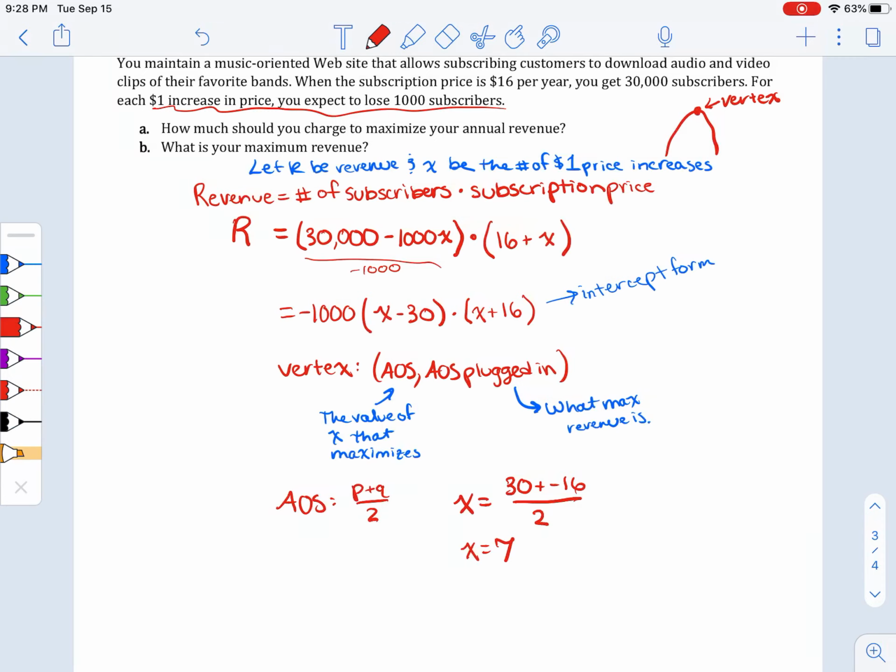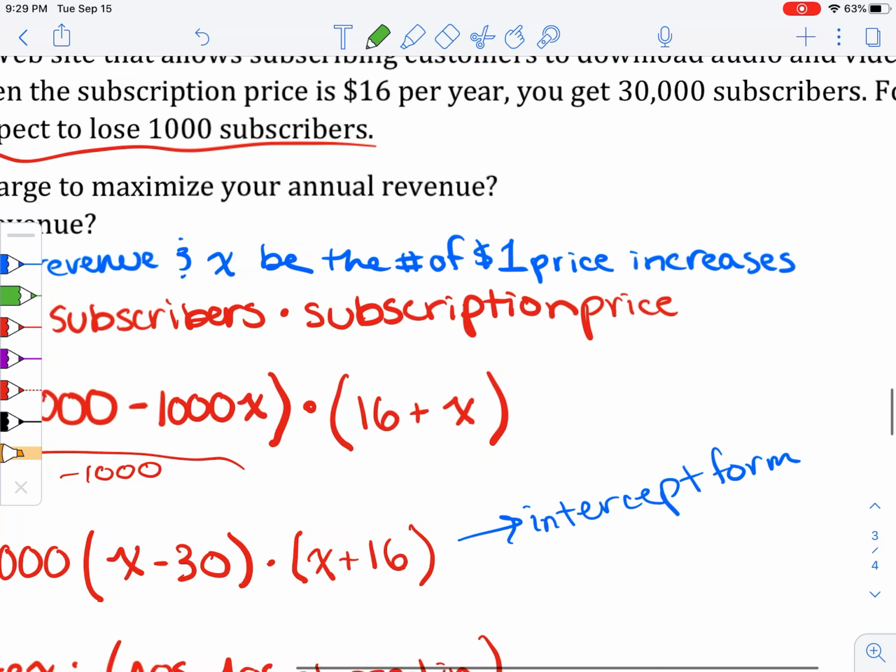So for part A, to maximize the revenue, I'm going to move this over here, sorry. Ooh, I grabbed my R. So to maximize my revenue here, it's not just 7, because remember it's 7 plus the initial $16.